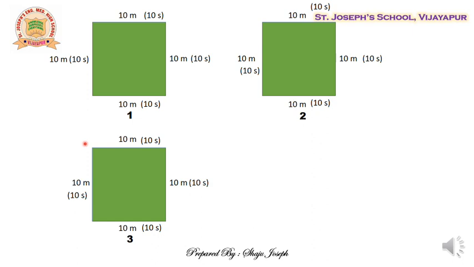But his displacement remains 0. In the first case, the displacement remains 0 after one cycle because the initial and final positions are the same. In the second round, he comes back to the same position, so his displacement remains 0. In the third case also, he goes one more round and comes back. Again, the displacement remains 0. But what is the total time covered now? It is 2 minutes so far.